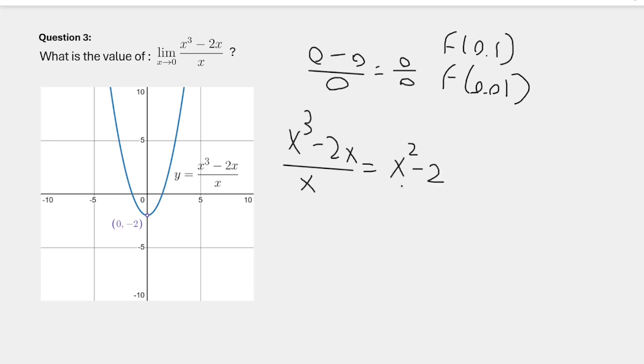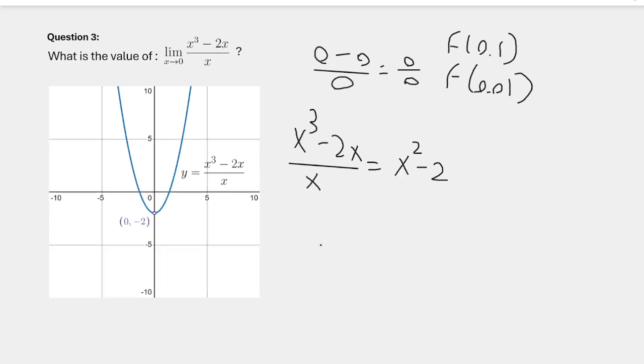Now, what's so useful about this function that we've just derived is that it's virtually identical to its parent, except for its behavior at x is equal to 0. That's because this one isn't dividing by x. It's not dividing at all, which means we're never going to encounter dividing by 0. And that means we can go ahead and apply this function to determine the value that this function is approaching at 0.